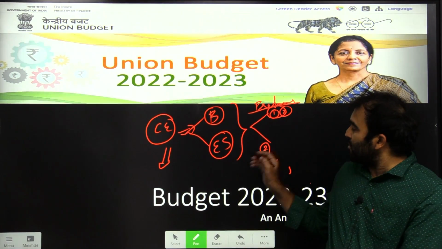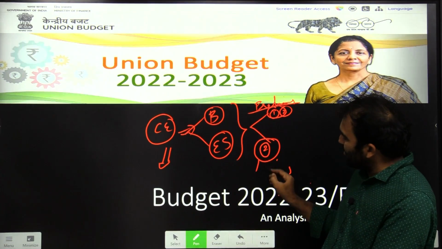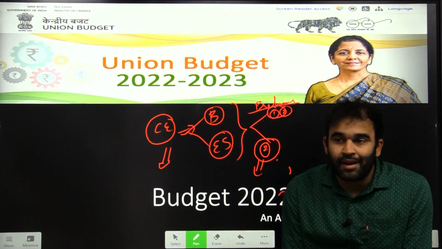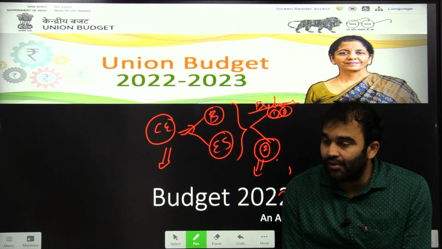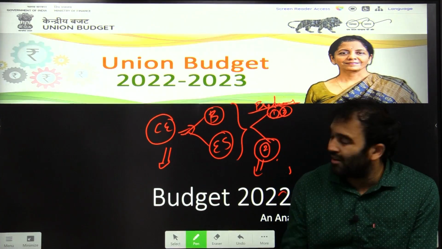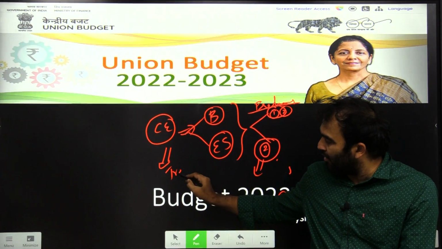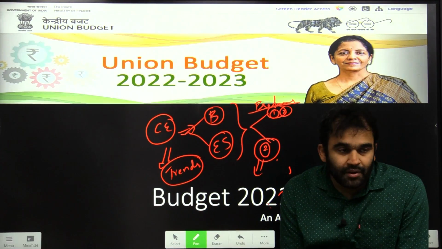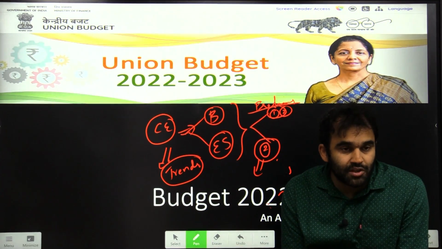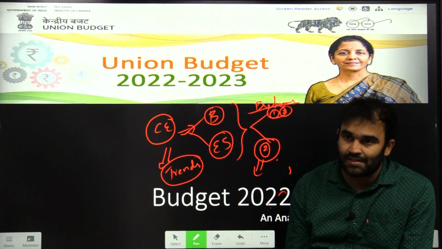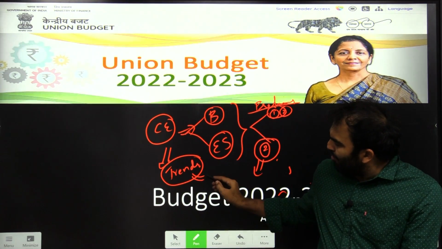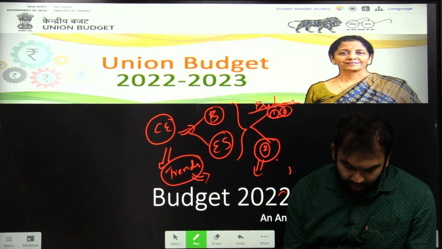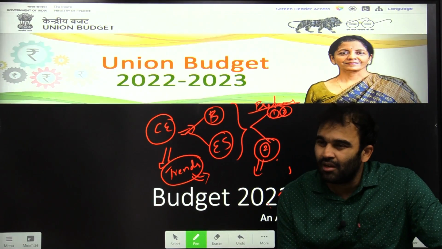But when it comes to mains, yes, there are certain points that you can use, particularly in mains and in essay. Even while writing the answers, the most important information that we can use from economic survey is the trends. Most of the macroeconomic trends of the economy are already observed and analyzed in your economic survey.